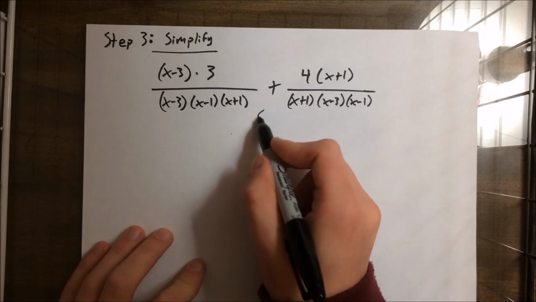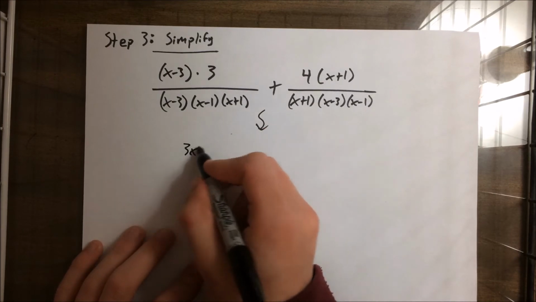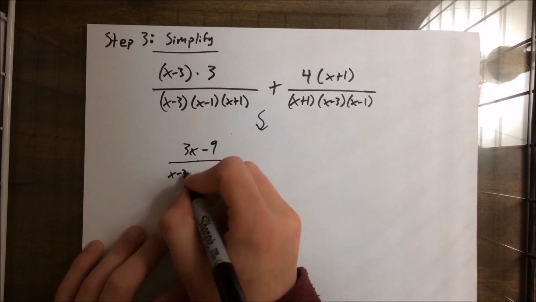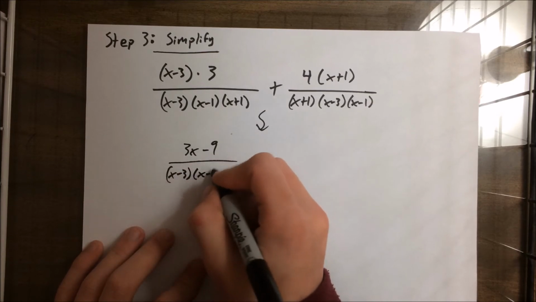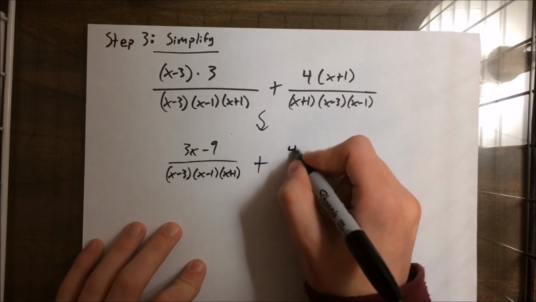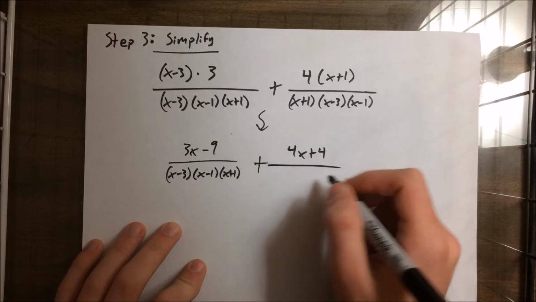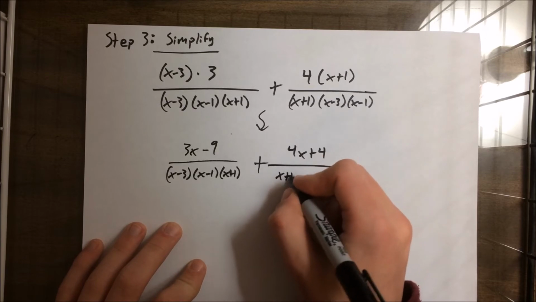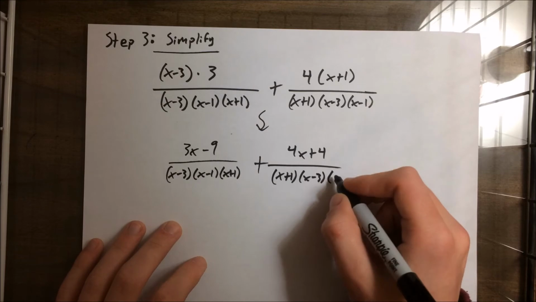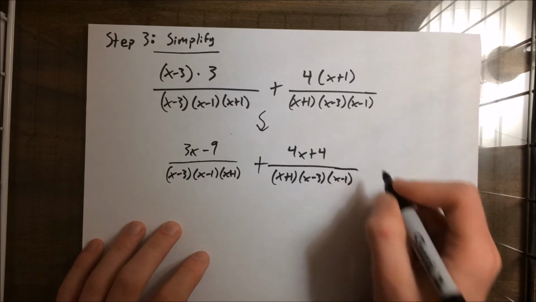And let's simplify that. So we get 3x minus 9 over x minus 3 times x minus 1 times x plus 1, plus 4x plus 4 over the same: x minus 3 times x plus 1 times x minus 1.